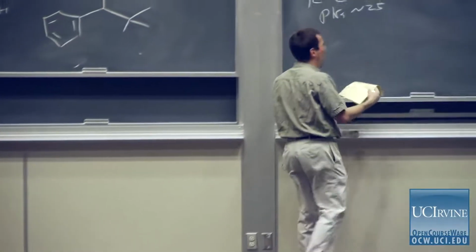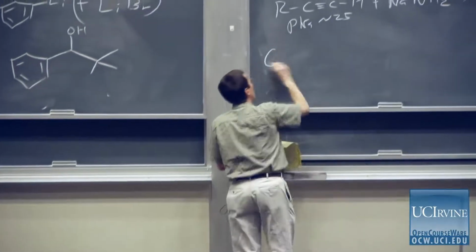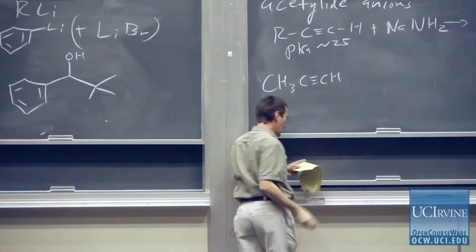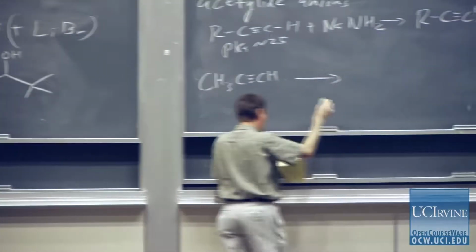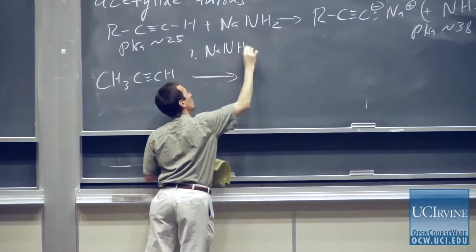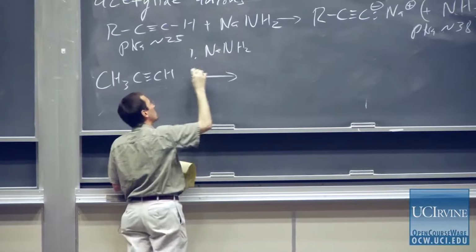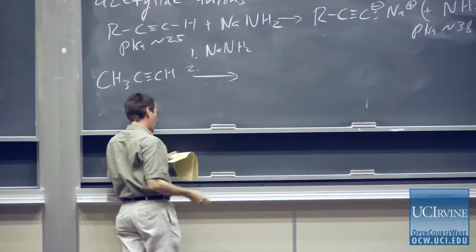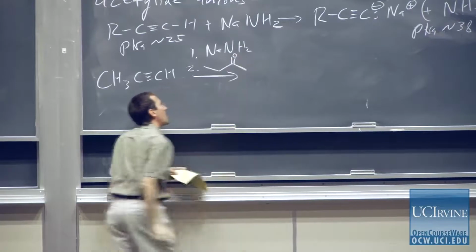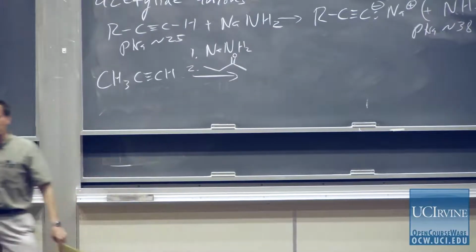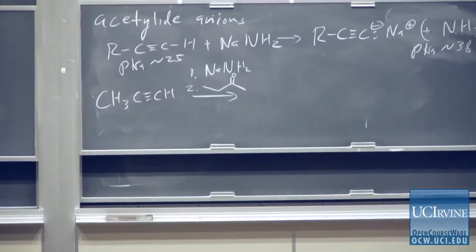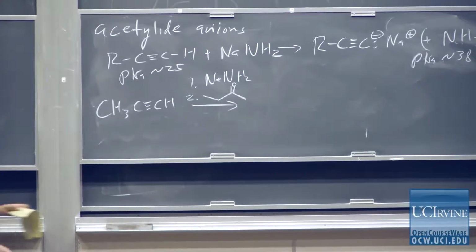And I'll write a synthetic equation here in which I say take propyne. I treat it with sodamide, NaNH2, which you can make by dissolving sodium metal in ammonia with a little bit of iron, and it reacts to give sodium amide. And for the heck of it, again, I'm just trying to give us a range of carbonyl compounds. For the heck of it, I'll take 2-butanone.